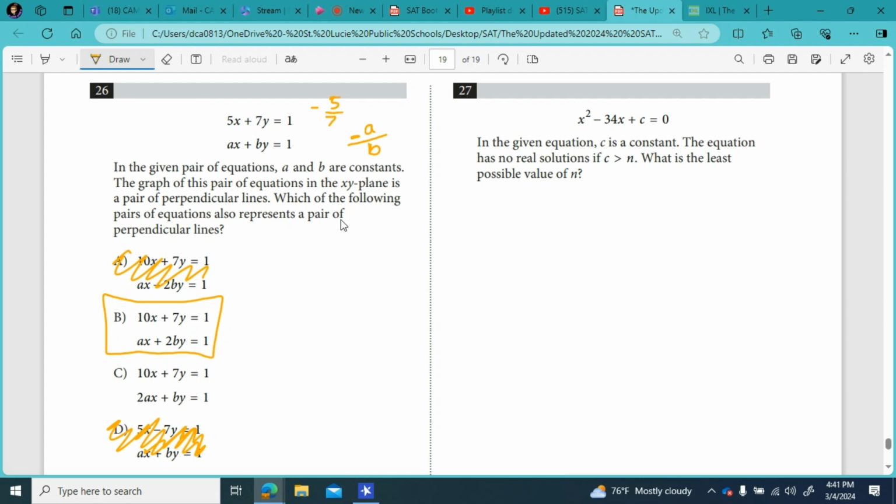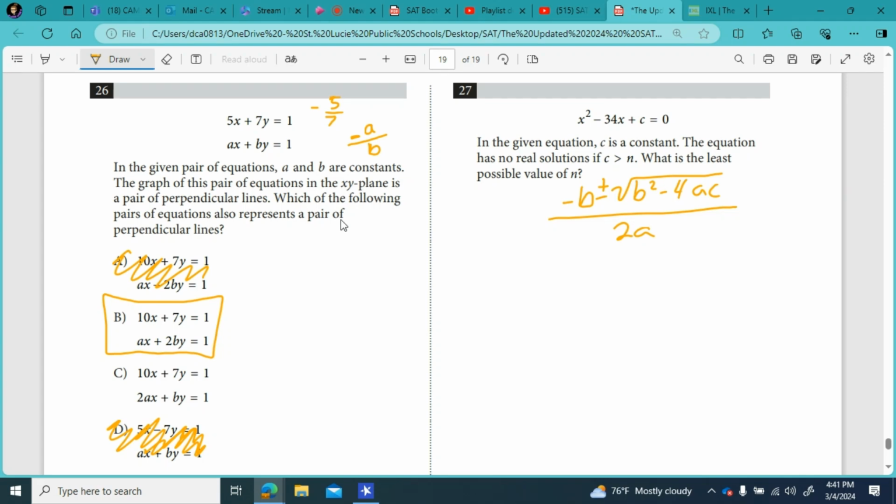And this discriminant is a piece of your quadratic equation, which they do not give you on the SAT. So negative b plus or minus the square root of b squared minus 4ac over 2a. This is your quadratic equation that you would need to have memorized, and there's no real solution if you have a negative inside of your discriminant here, inside of this square root.